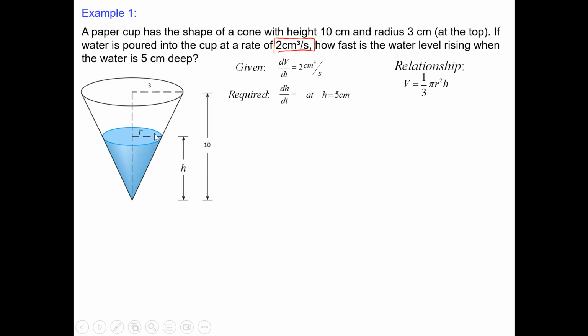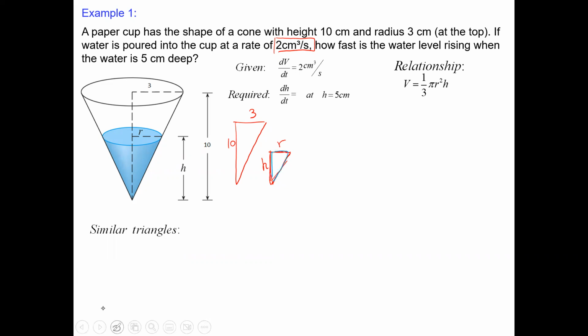And we may notice we do have similar triangles, and we will get the relation. We have a triangle, big one, 3 and 10, and we have the blue one, small one, r and h. And again, h is not 5, because that's sometimes the common mistake, that we will substitute 5 instead of h here.